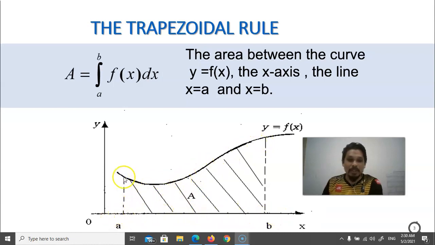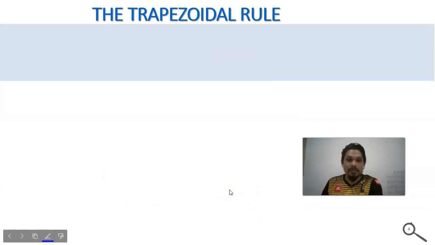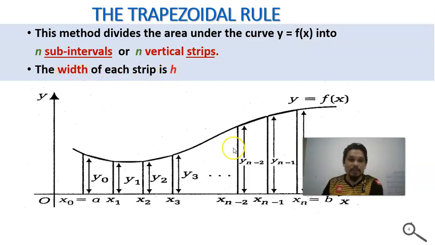The trapezoidal rule divides the area under the curve y equal to f(x) into n subintervals, or n vertical strips, and the width of each strip is h.